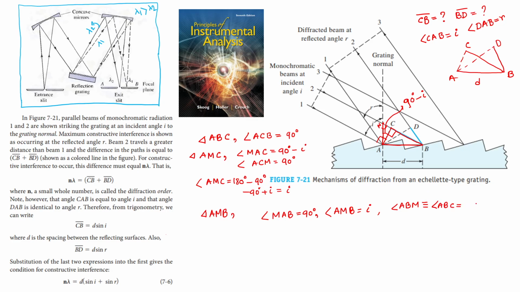That is 180 degrees minus 90 degrees minus I, that is 90 degrees minus I.